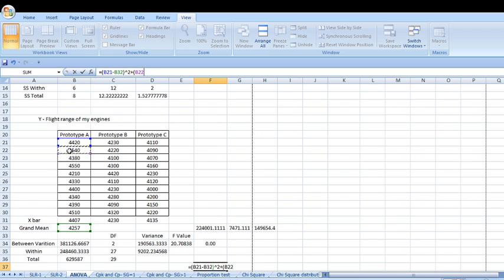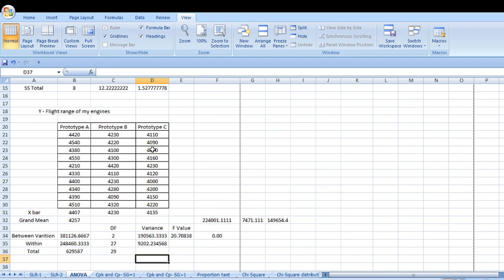Now we will take the difference of this value with the grand mean and then square it, plus, and then you will do it with this, everything differenced with the grand mean and squared. So when I take the sum of it, I'll get some value which is equal to 248460.333. And I just go ahead and add the total.